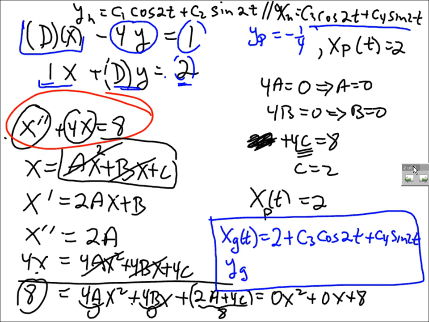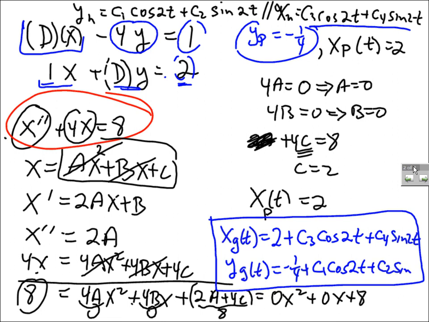And y sub g is going to be the particular solution, which is right here, negative 1/4, plus the homogeneous, C1 cosine of 2t plus C2 sine of 2t.